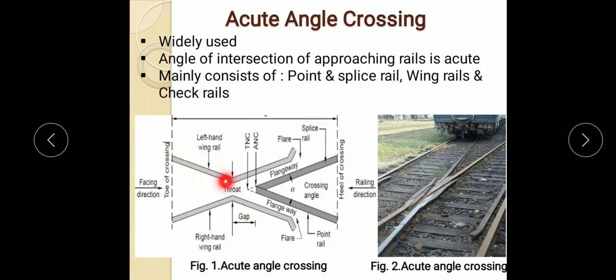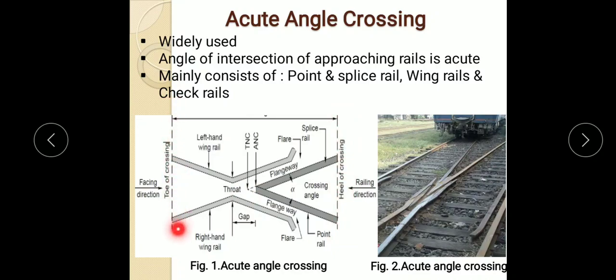This is a wing rail, this is also a wing rail, and all these are provided in a pair. Here we can see this is a splice rail, this is a point rail. Here this is a flare, and this is a flange way through which the wheels can move. This is called the heel of the crossing, and this is called the toe of the crossing.